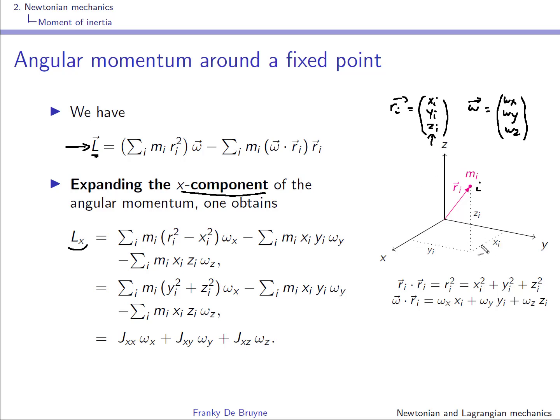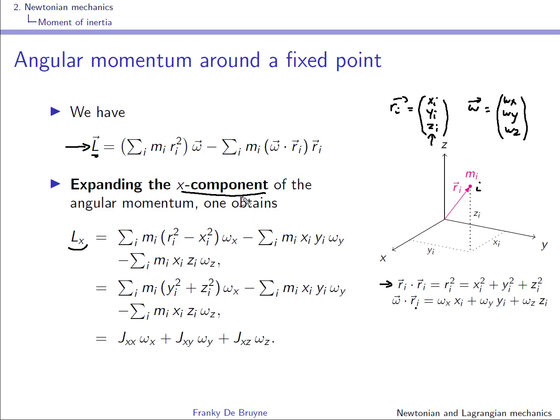They are shown over here. And then you can take the scalar product of r_i times itself, and the scalar product of omega, the angular rotation vector, times the position vector, and this is what you obtain.